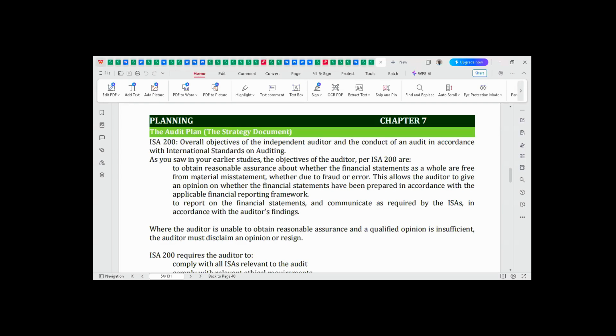The ISA 200, like I said, is on the overall objective of the independent auditor and the conduct of the audit, okay? That's what this one means. What this means is that when you are drawing up your audit plan, or you want to set out for an audit engagement, you have to be sure of two things. Number one, that the financial statement is free from any material misstatement.